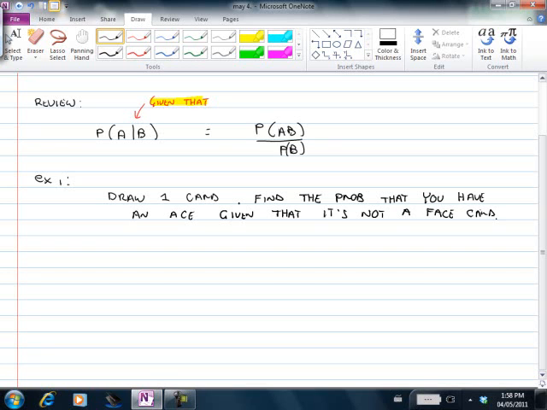Question is this. You're going to draw one card only. I want to know the probability that you have an ace given that it's not a face card. These questions are straightforward because the word given that is right in front of you.